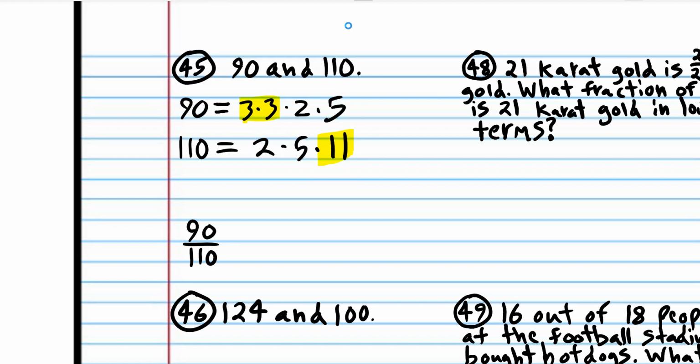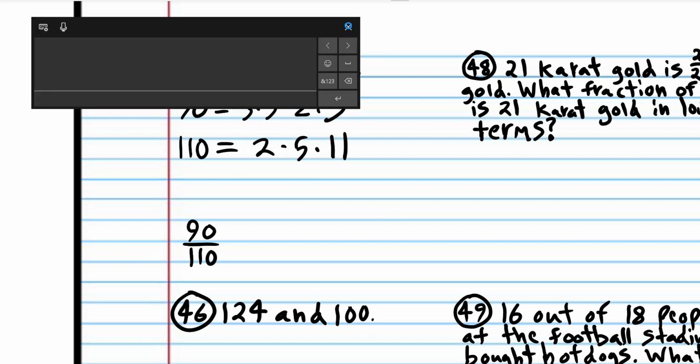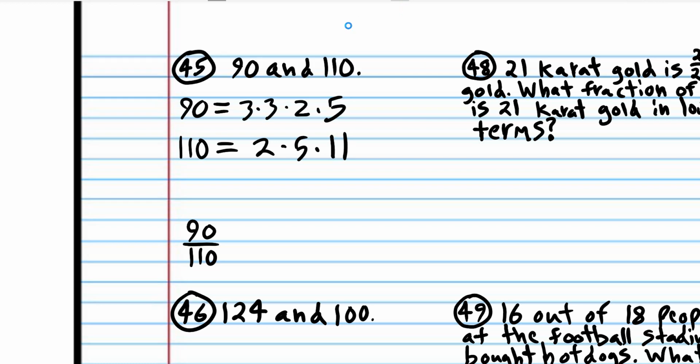So what that means is that 2 times 5 is going to be our greatest common factor. Let me keep that highlighted actually. 2 times 5, which equals 10, is our greatest common factor.